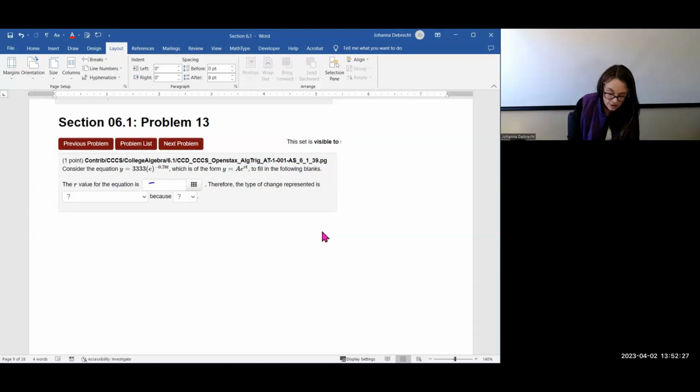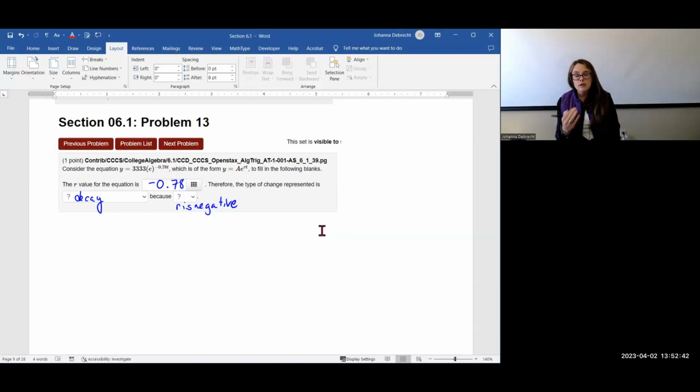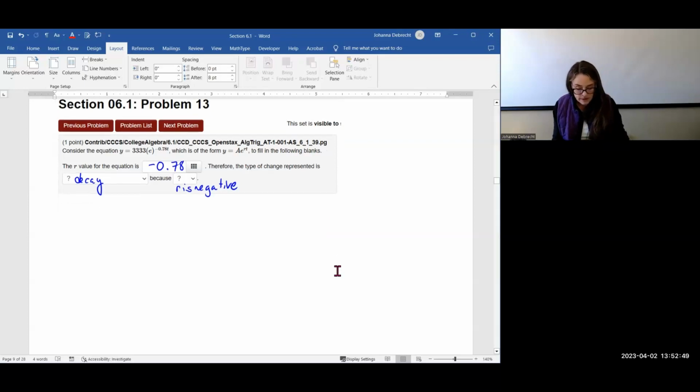It represents exponential decay because r is negative, right? Hopefully that makes sense to you. If r is positive, then it's going to be growing. If r is negative, it's going to be decreasing.